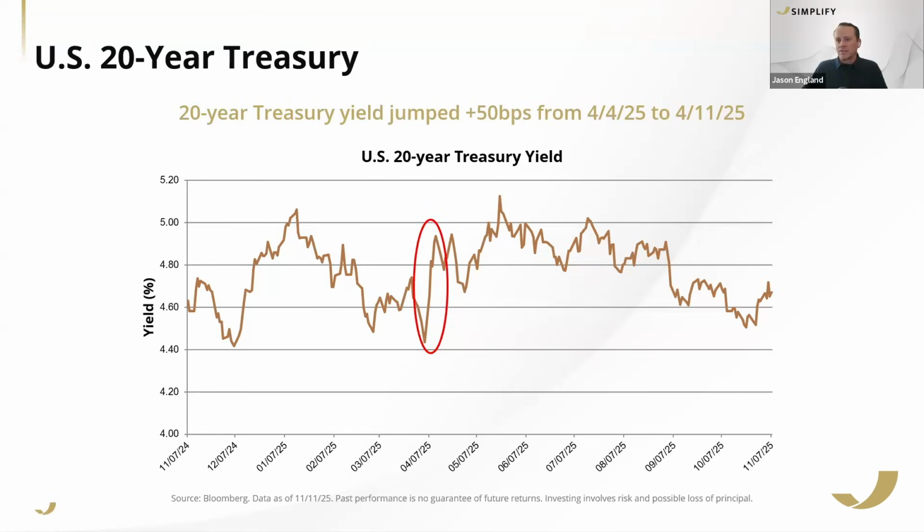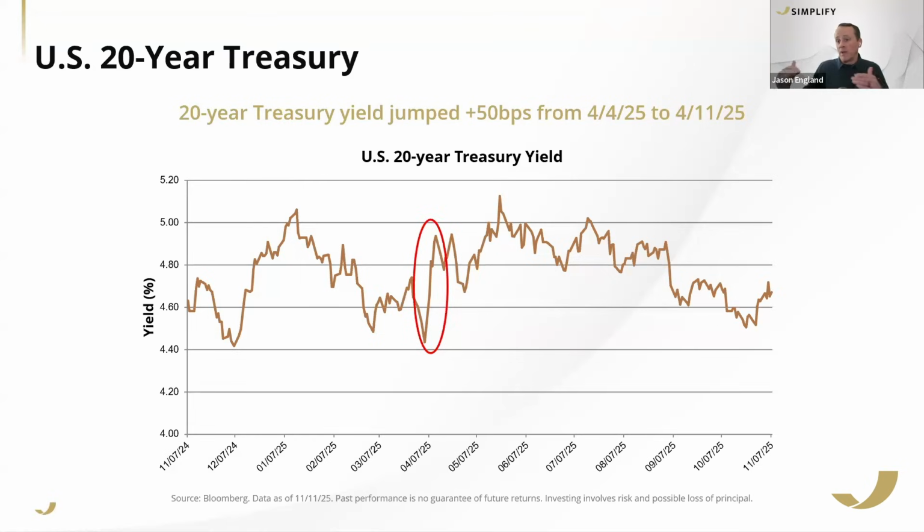And then as deals started getting made, you started to see the MOVE index come down some, as we saw on the MOVE chart there. So rate vol came down. But rates, if you look at this chart, came down a little bit but stayed elevated and in those ranges as you discussed.